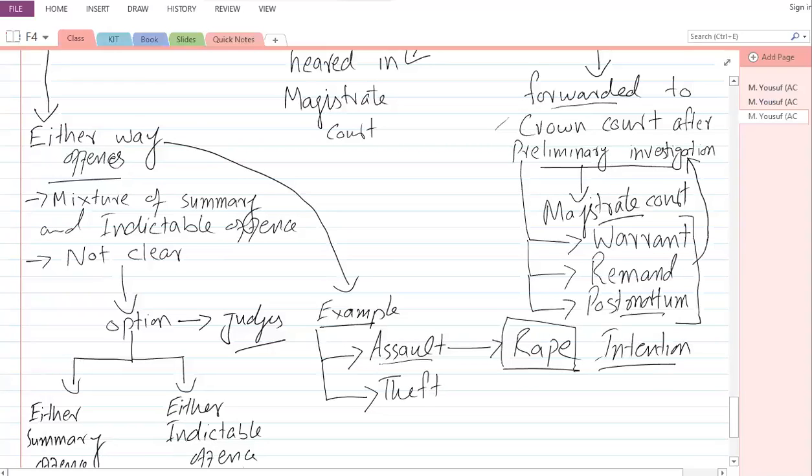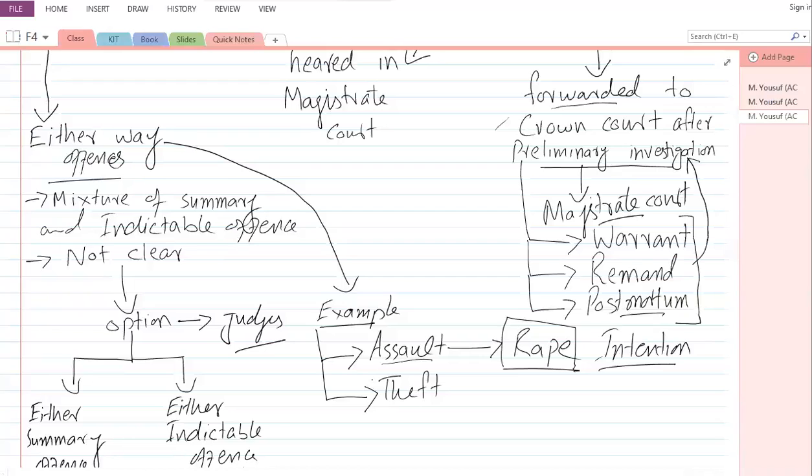It will be cleared after some hearings, after some discussions of lawyers or investigation by lawyers with the defendant. It will be clear whether he had an intent of rape or not. But initially, this is a case of assault. So it is a mixture of summary offense and it can be an indictable offense later on.